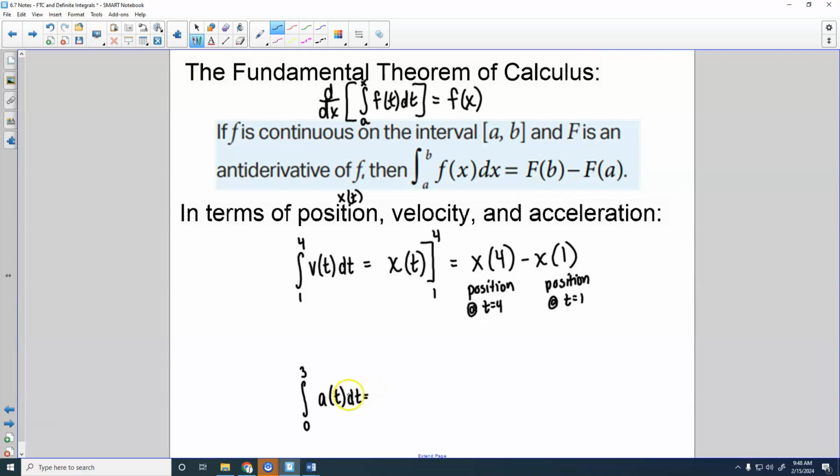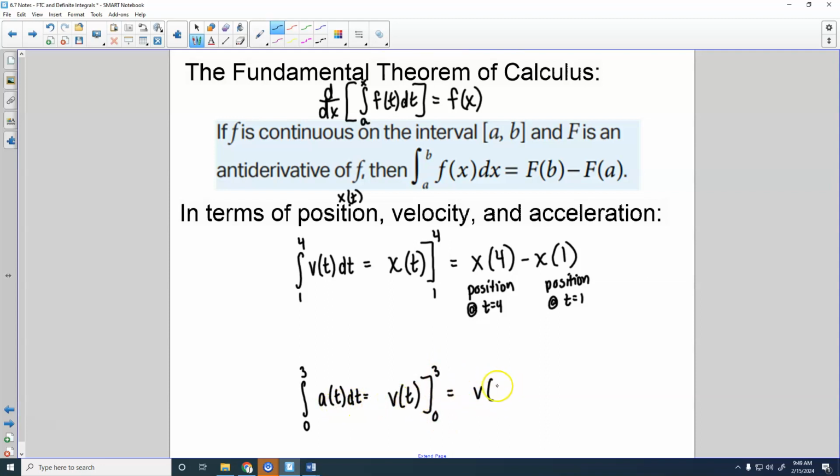If we integrate acceleration, what do we get? Velocity. So if I integrate acceleration, I get velocity.